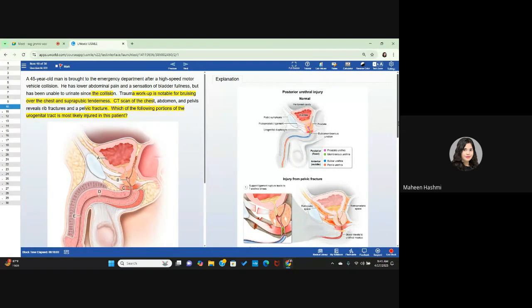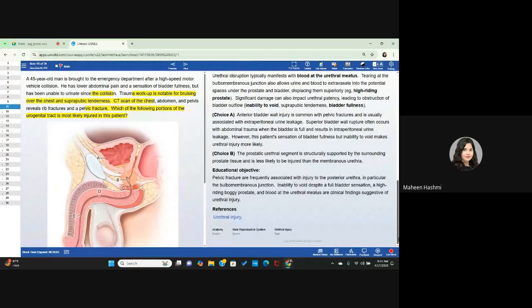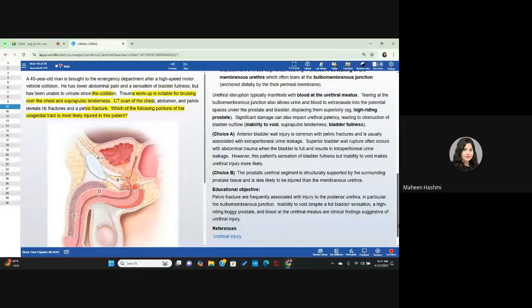They can present with blood at the meatus as well, and you have to check for any sort of urethral injury, because in any urethral injury, catheterization is contraindicated. So you will not catheterize the patient until you are sure that the patient does not have urethral injury, and for that you first do retrograde cystourethrography. They haven't mentioned it over here, but that's just an add-on I told you guys.